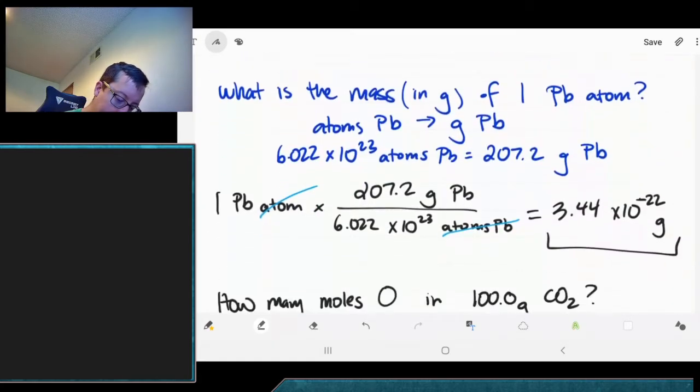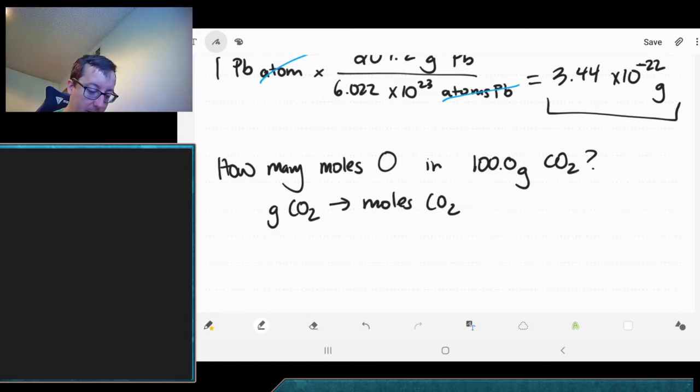So, we can do that, but how are we going to go from moles of CO2 to moles of oxygen? Well, there's a couple ways we could do this, but you can do it in just one step if you wanted.